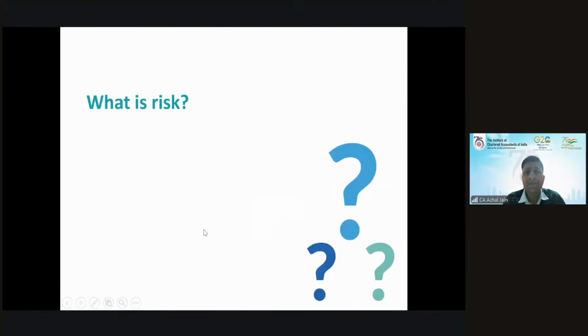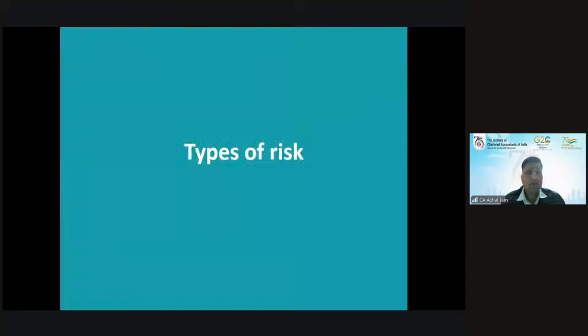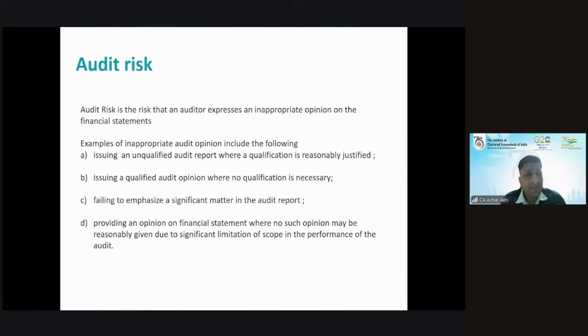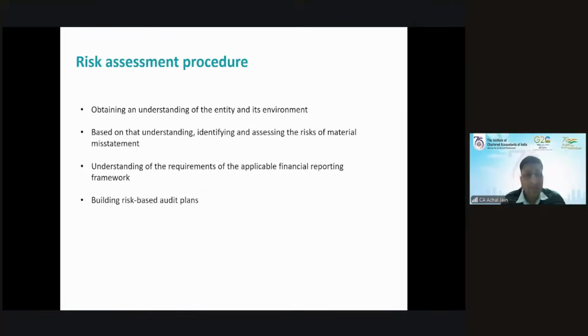Now, what is the risk? Broadly, the probability of occurrence of any undesirable event or circumstances. Who can be at risk? Of course, it could be the client, it could be the audit firm, or the engagement partner itself. Some of these things I think we have already talked about. Now, if you have to quickly summarize the risk assessment approach, it has to begin with the understanding always.